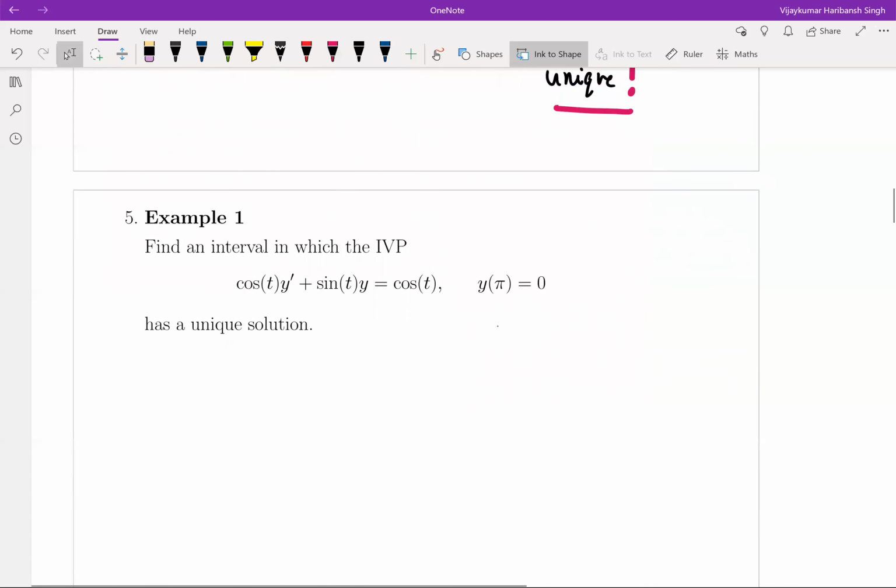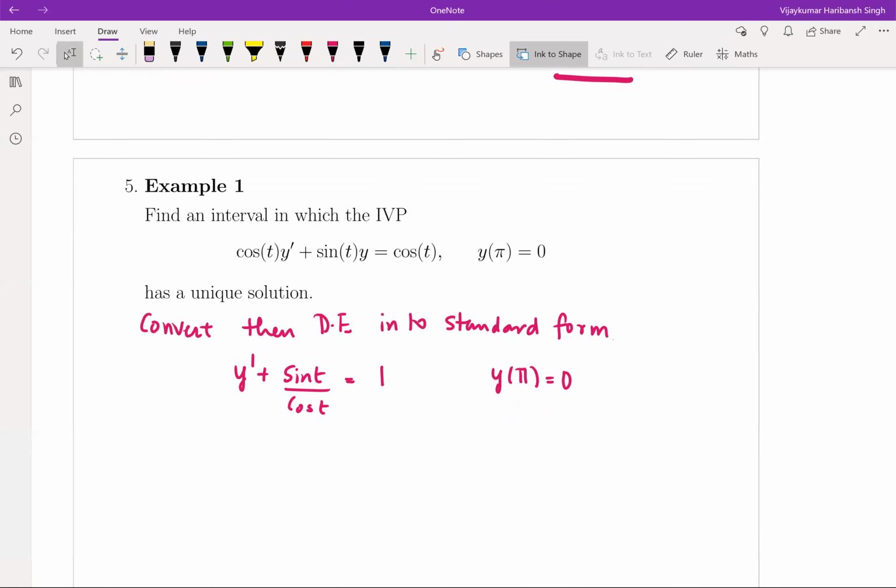Of course, when I'm dividing by cos t, I'm removing all the points where cos t was 0, right? So here, P of t is tan t and G of t is cos t over cos t, which is 1, whenever t is not where cos t becomes 0.